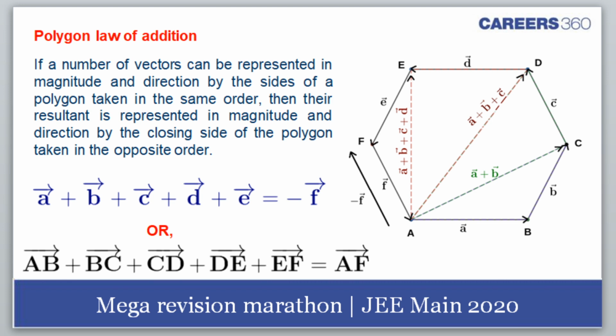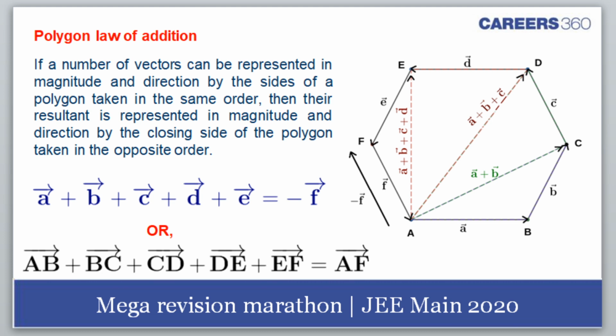I'm not adding the magnitudes, I'm adding them vectorially. We are talking about vectors, not magnitudes. When I write a plus b is equal to c, that doesn't mean that I'm adding the magnitude of a and the magnitude of b and saying that it is equal to c. Siddharth, is your query cleared?